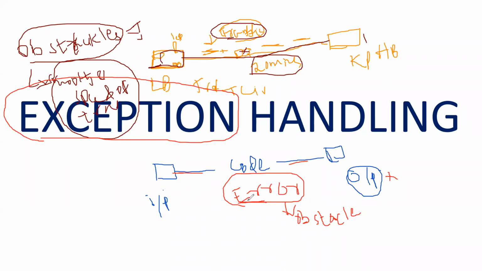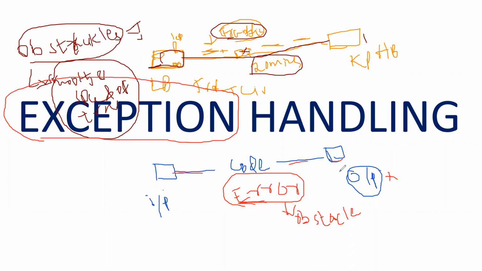In the same way, except this error, I need to execute the code in a smooth way with smooth termination. Even though an error is raised, I need to handle that, and still I want to execute the entire code.